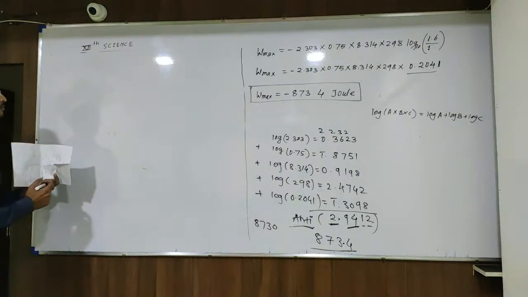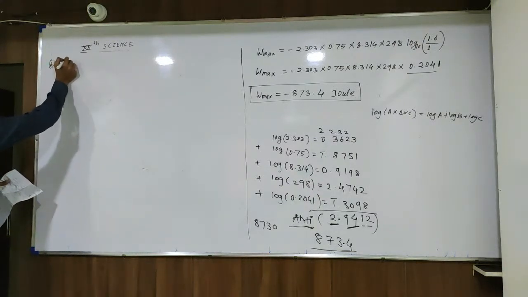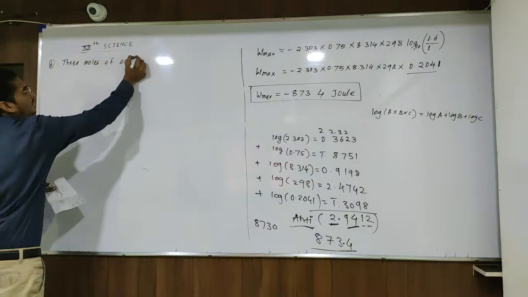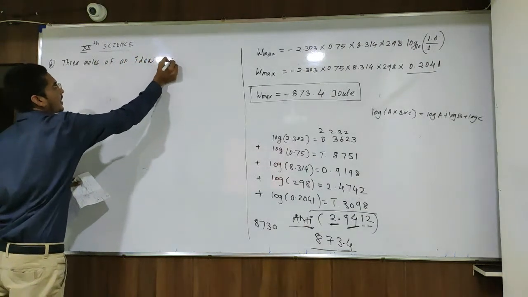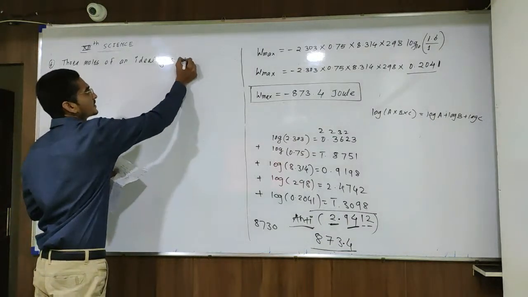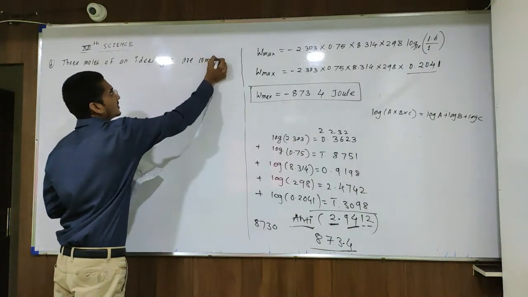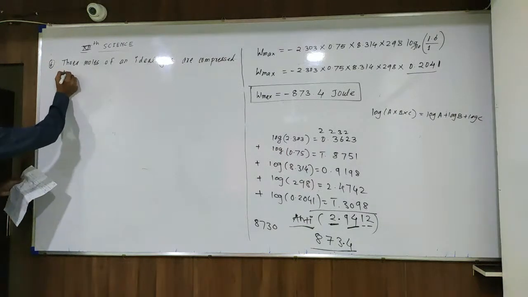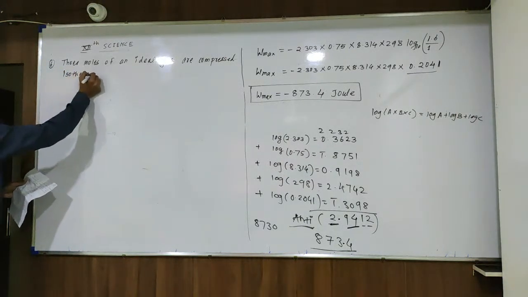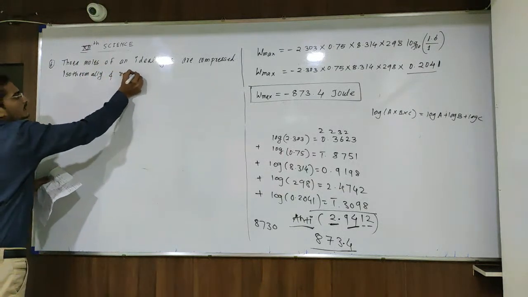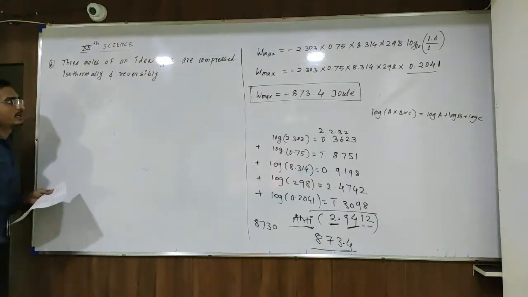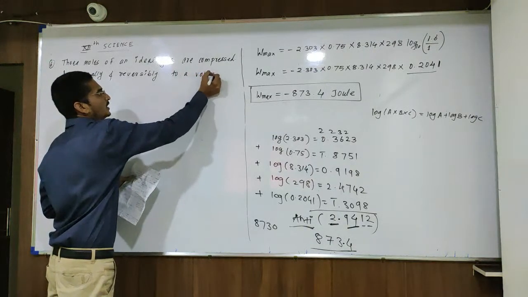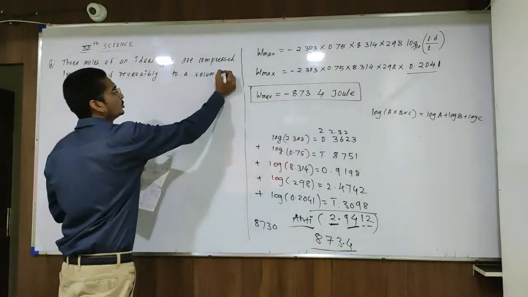So write first: 3 moles of an ideal gas are compressed isothermally and reversibly to a volume of 2 liter.